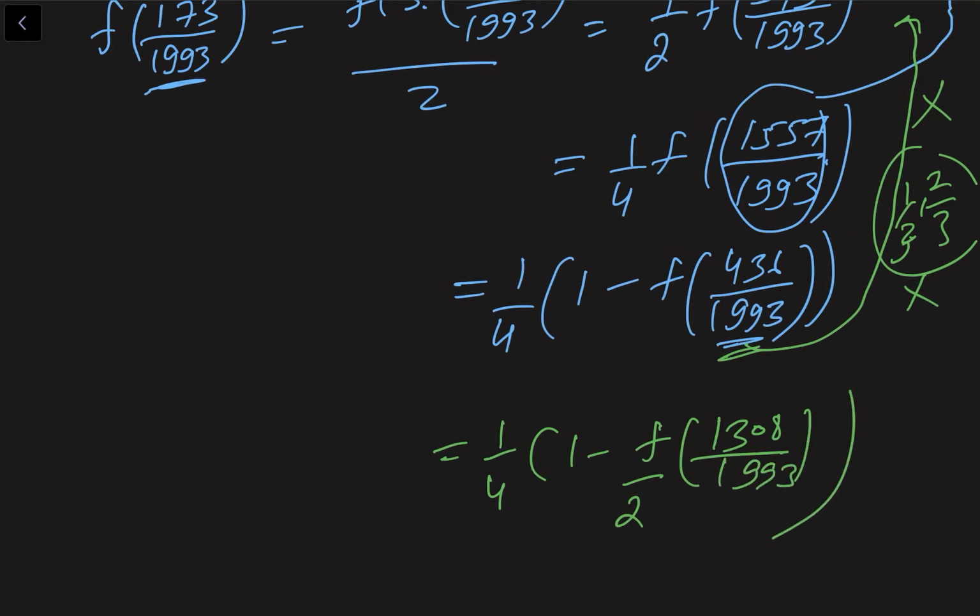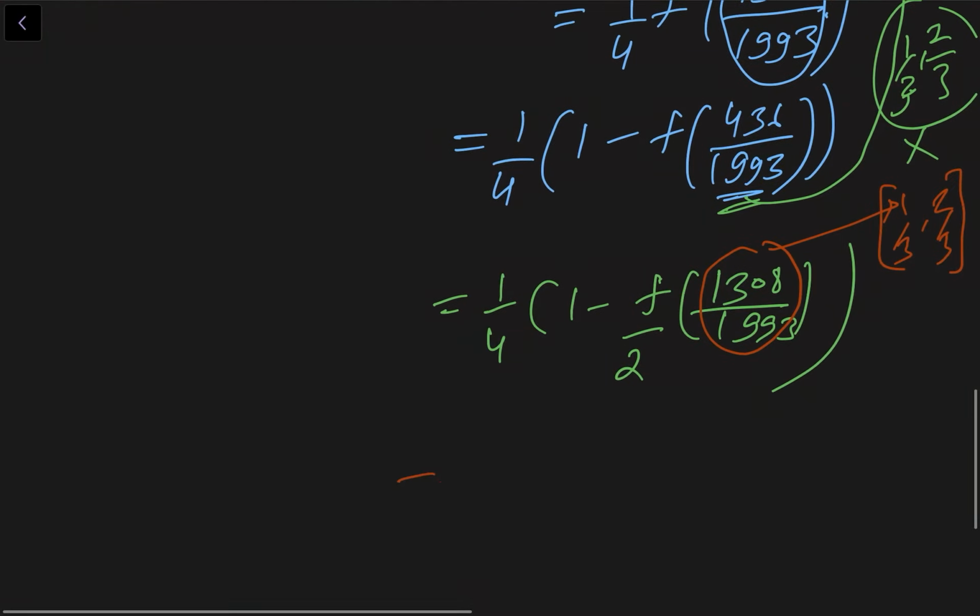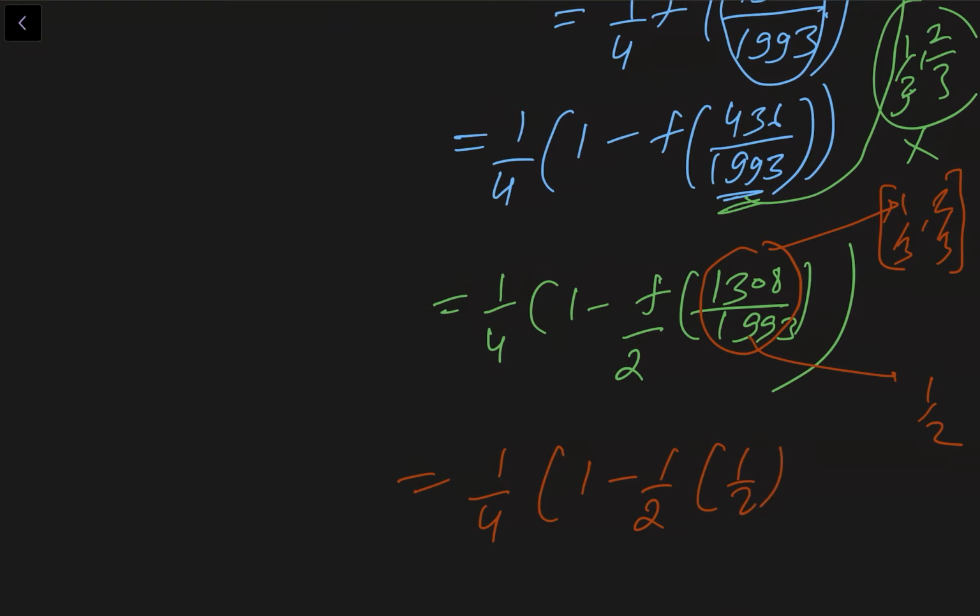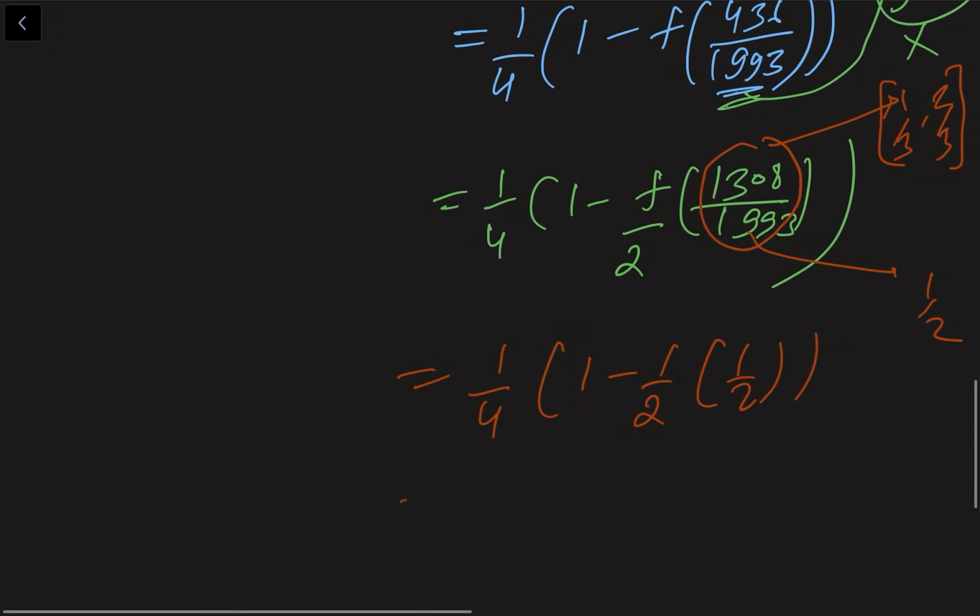Now if you check this value, it lies between 1 by 3 and 2 by 3. So our work is done. We can directly put this value as 1 by 2. So what I'm getting is 1 by 4 into 1 minus 1 by 2 of 1 by 2, which is 1 by 4 into 1 minus 1 by 4, which is equal to 3 by 16.